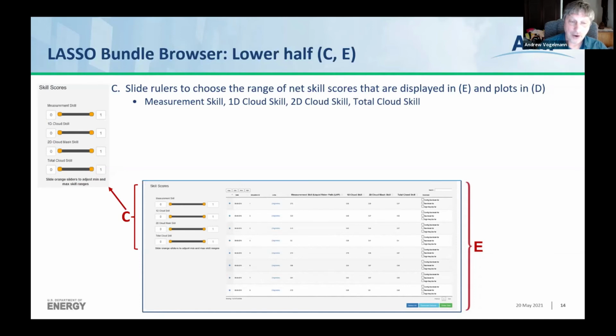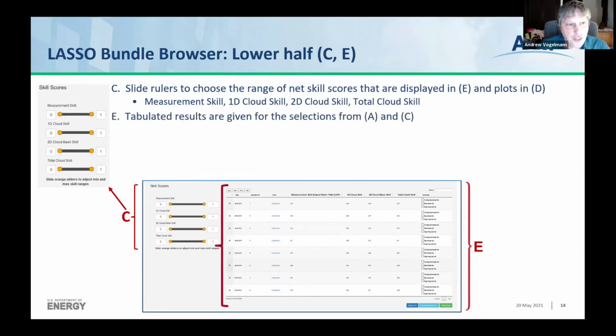Similarly, the interactive plots on the top half will also automatically update. So this is a very nice way of cruising the data values to start finding which ones reach the criteria of interest.